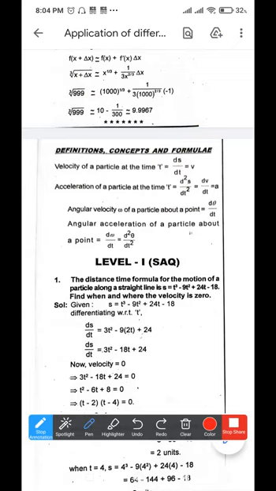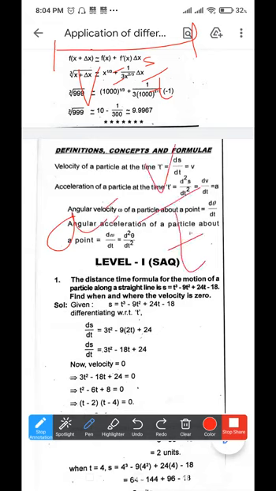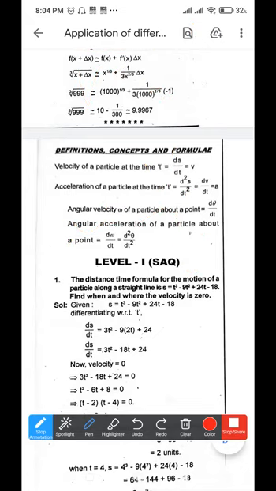Now, if they gave us the distance, velocity is distance by time. If they gave us the velocity and ask us to find the acceleration, what is acceleration? Acceleration is equal to velocity by time. I think you know what is velocity, what is acceleration, and what is distance.